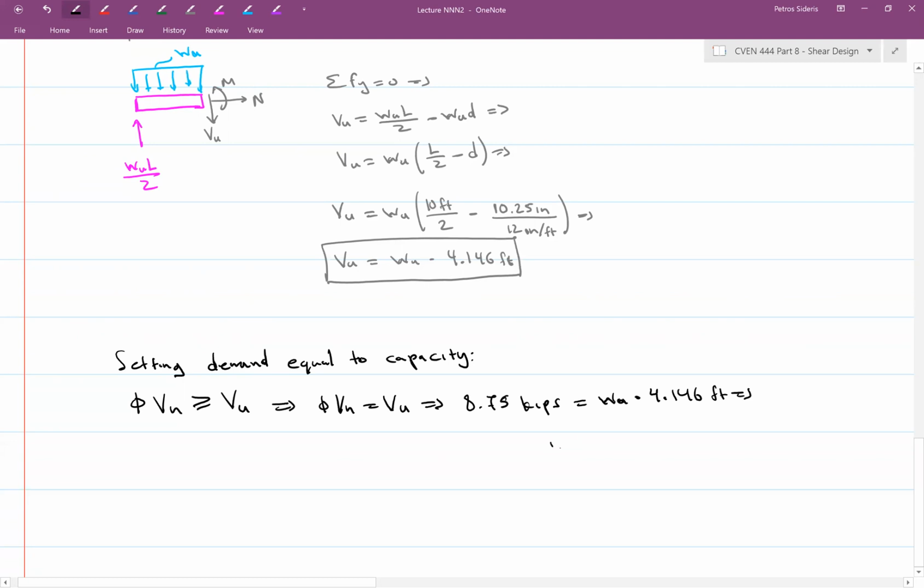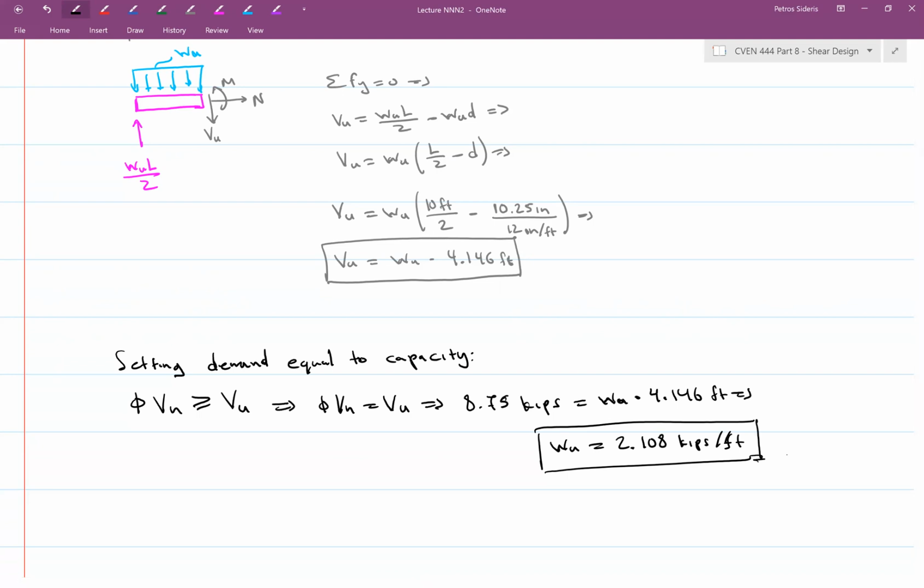And what you get here is that WU equals 2.108 kips per foot. And this is now your solution. This is the maximum uniform distributed load that this beam can take before you see failure in shear.